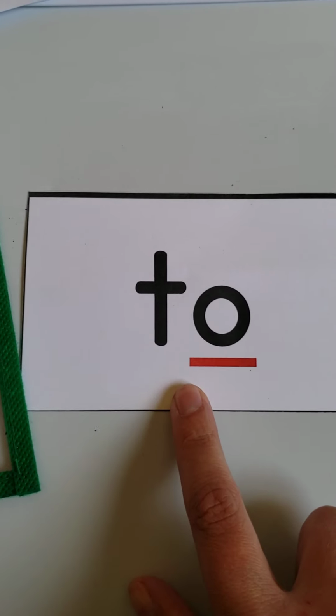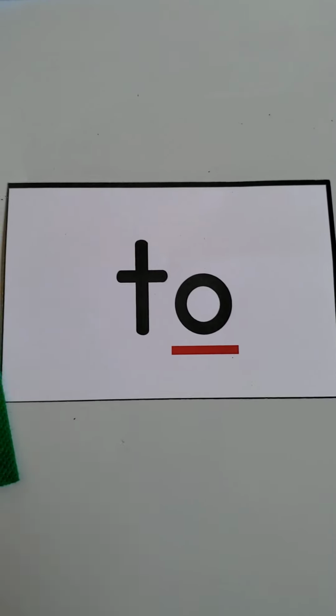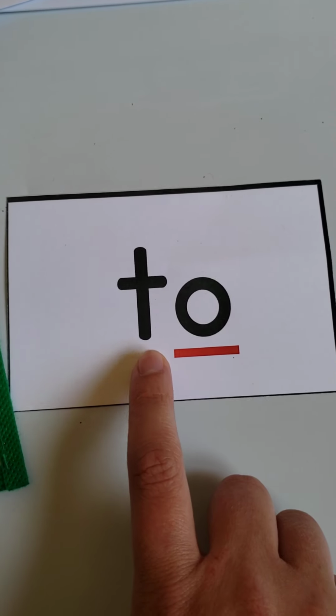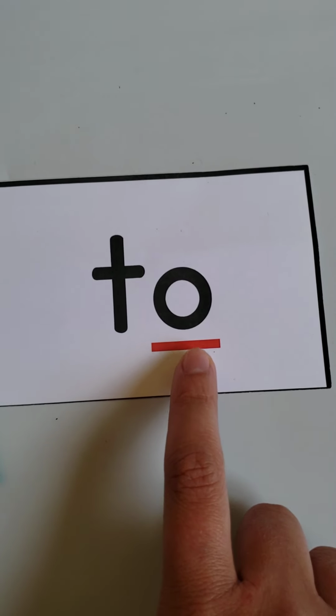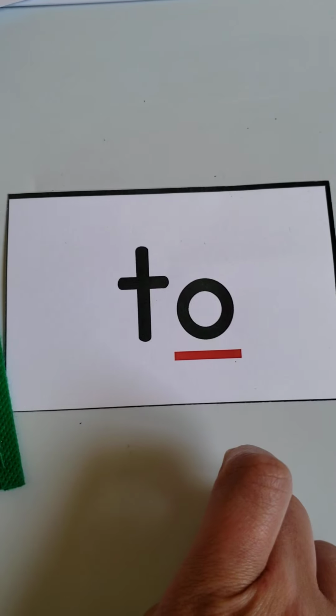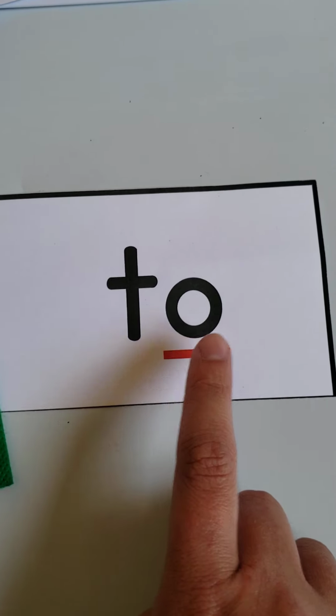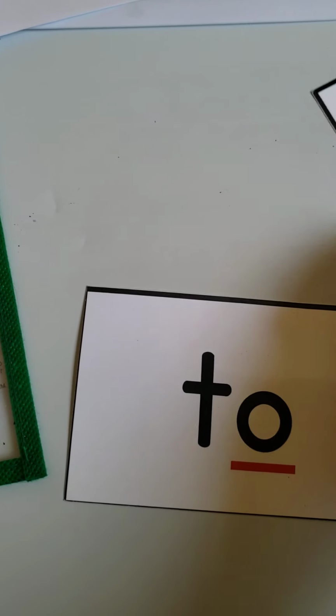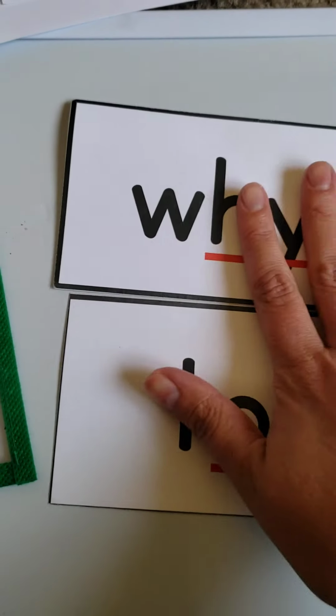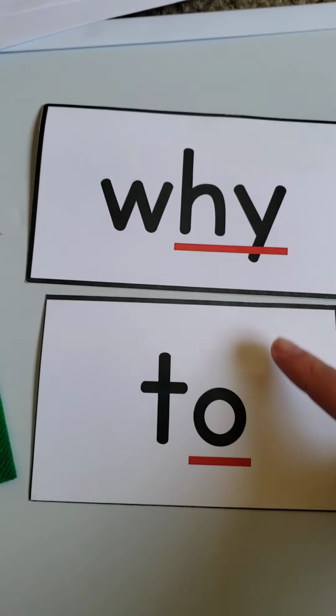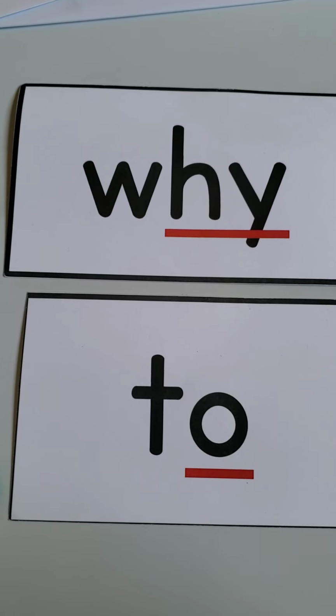Okay, it's going to a place. So to. So we hear t, but then we don't hear ah. So this is making a different sound. It's making ooh, to. All right, so those are our 2 new words, why and to.